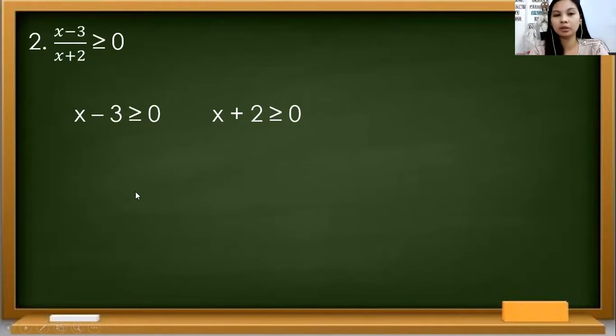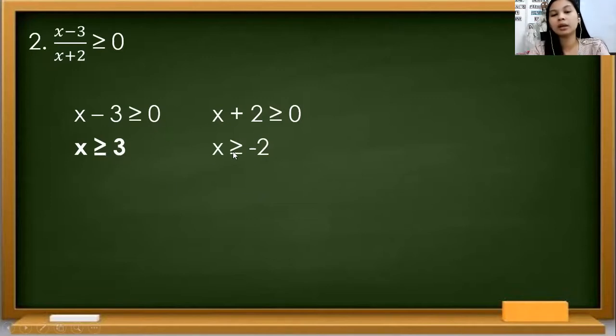Ngayon, simplify nyo lang. So, si x minus 3, transpose, magiging positive 3. Si 2 naman, transpose, magiging negative 2 po. Okay, so di ba sabi ko sa inyo, there are some instances na pareho yung inequality sign nila. Katulad nito, x is greater than or equal to positive 3.